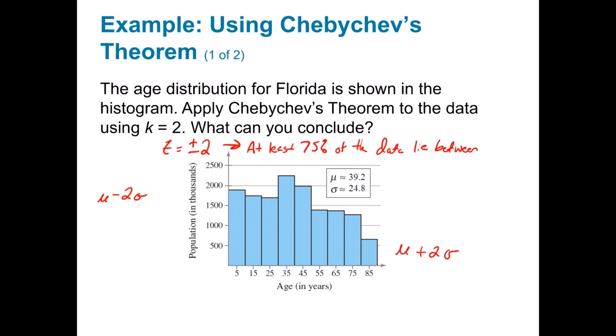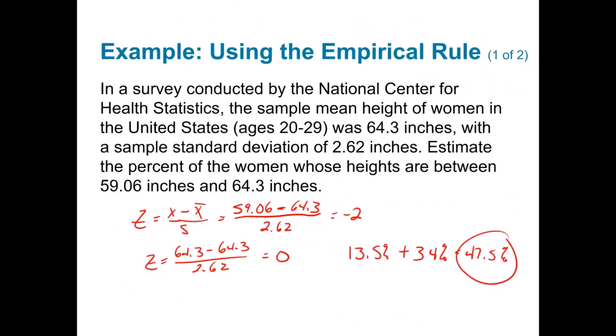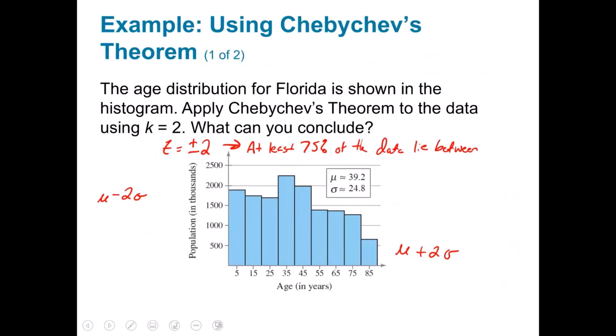So notice mean minus K standard deviation, right? Mean plus K times the standard deviation. So notice there's that formula that I gave you, but it's still between mu minus K times standard deviation, mu plus K times standard deviation, right?